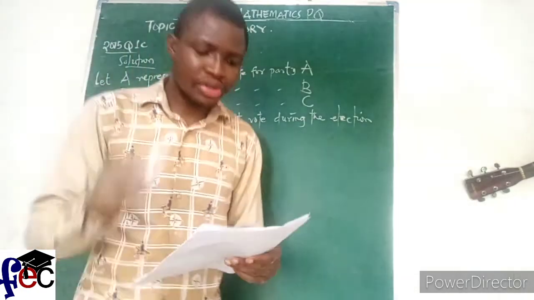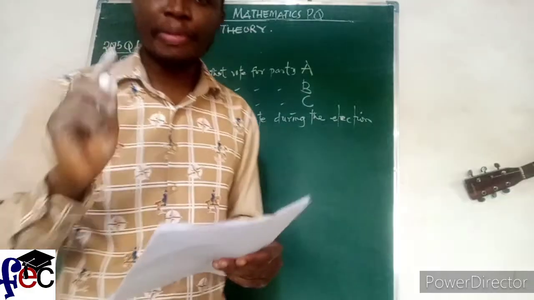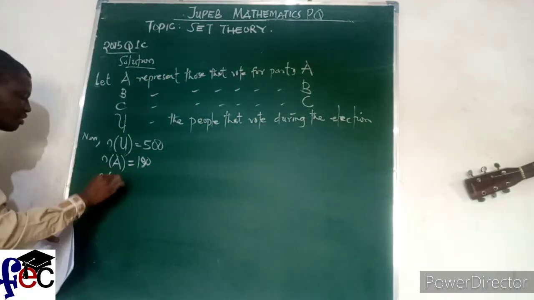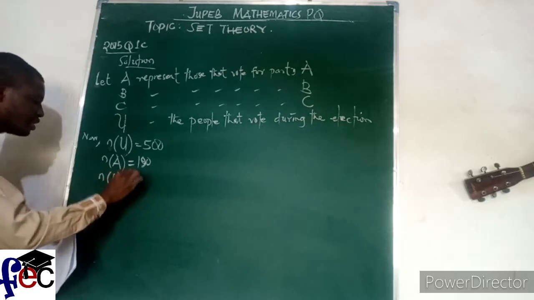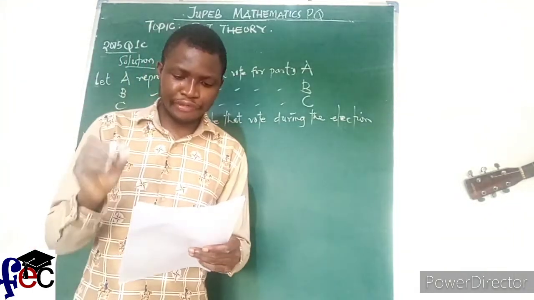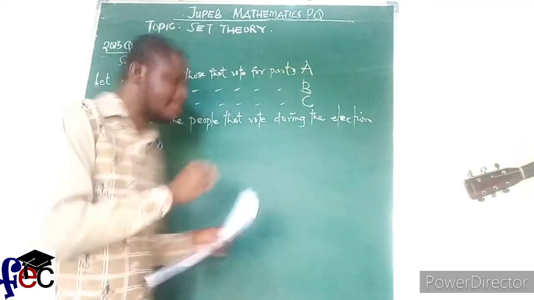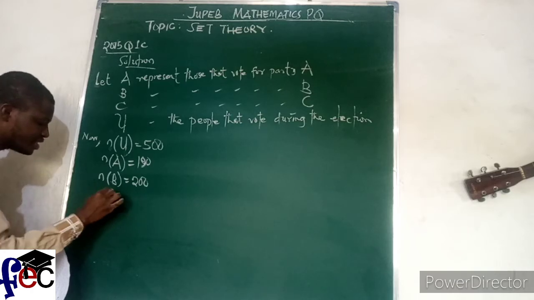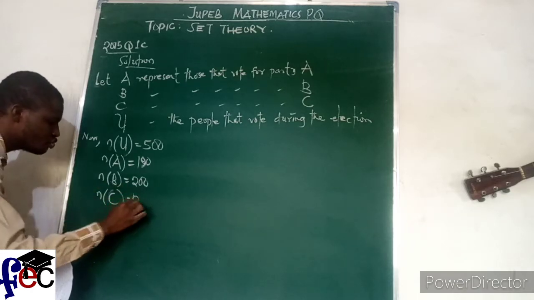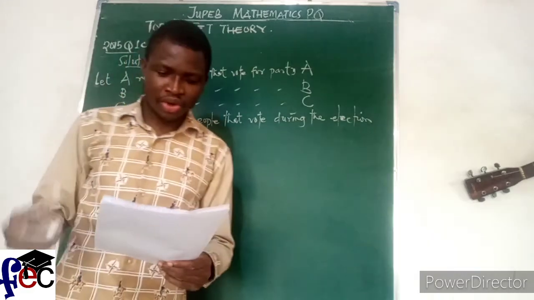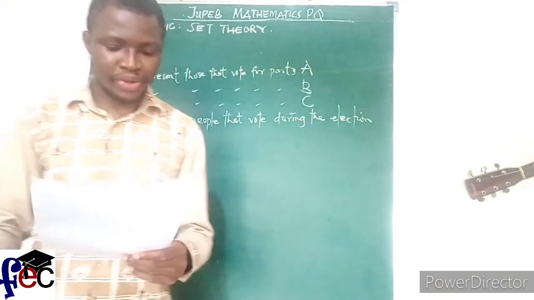What other information? 200 for party B. That means the cardinality of party B is 200. 250 for party C. That means the cardinality of party C is 250.